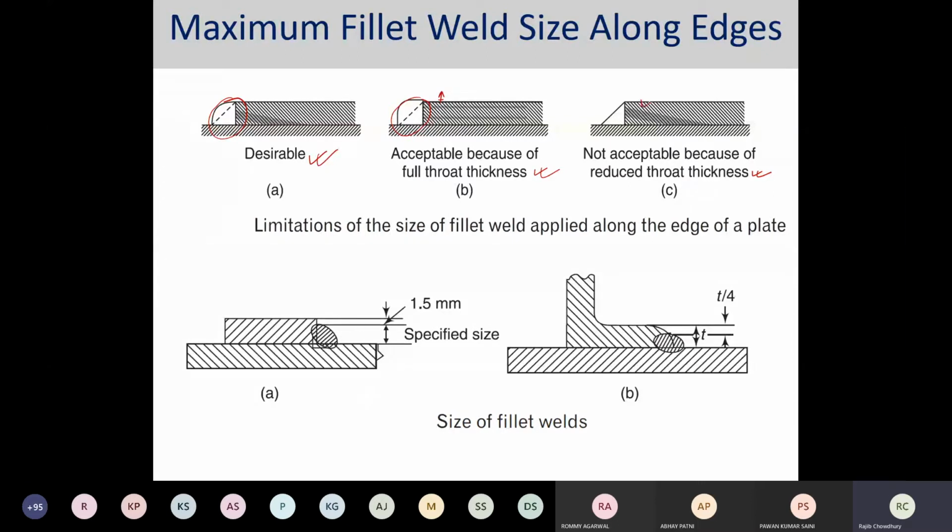And obviously this kind of welding is not acceptable in either the theoretical or the practical sense. When we talk about the specification, the size of a normal fillet weld is generally taken as the minimum leg size of the weld.